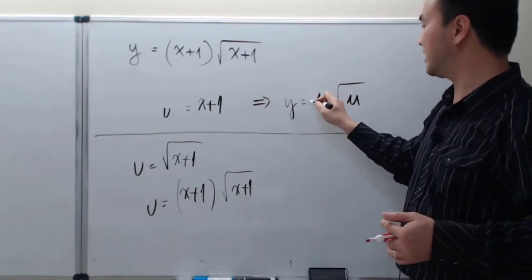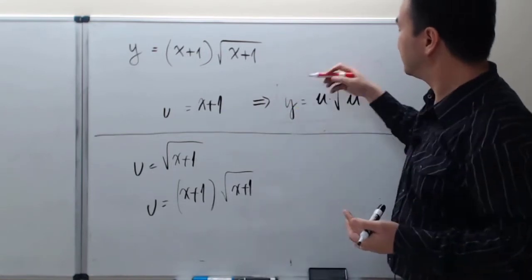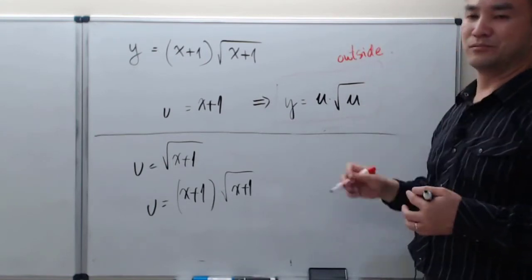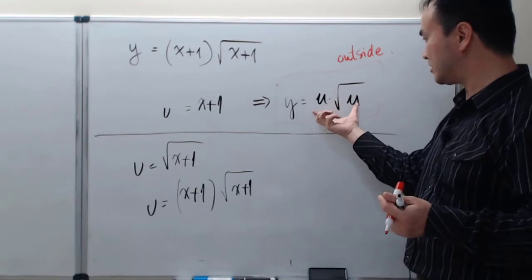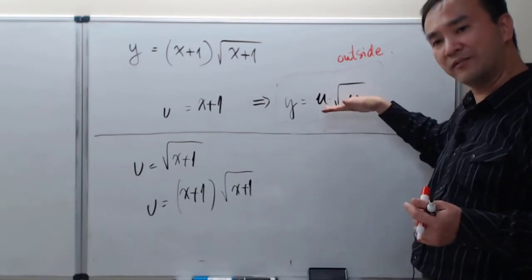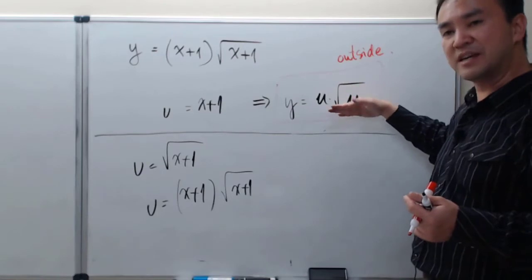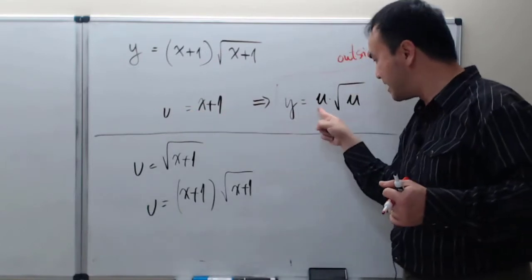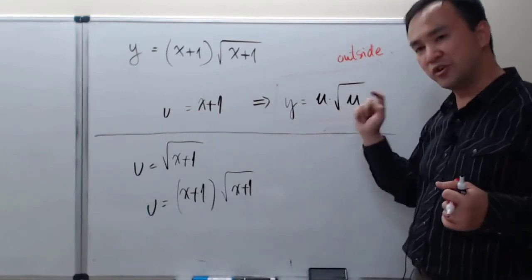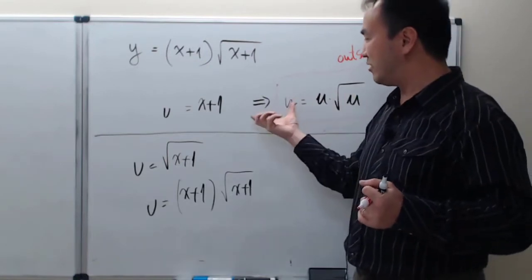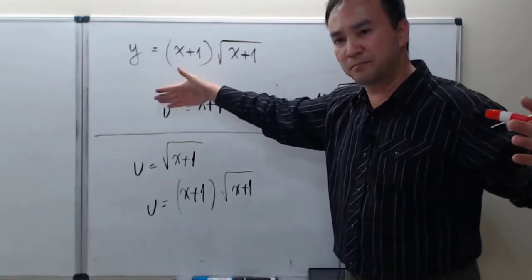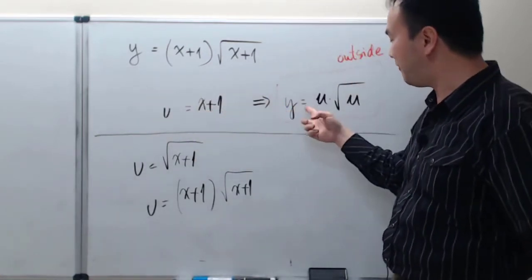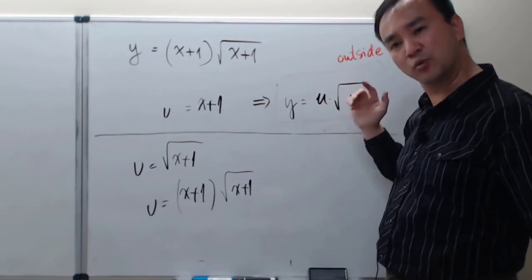This is where you can say this is the correct outside function, because every variable u, and only the variable u, is involved in this outside function. We can think of x plus 1 as being inside each of these variables u, and that's the whole point of how you can correctly find it. Back to the inside function, there's no right or wrong inside function, but what matters is how you can then find the correct outside function to make things work.